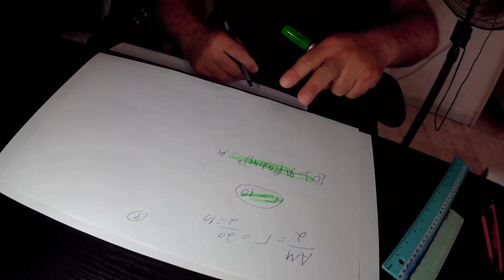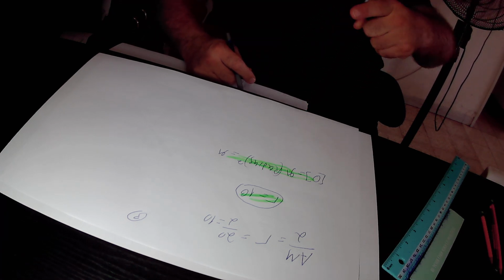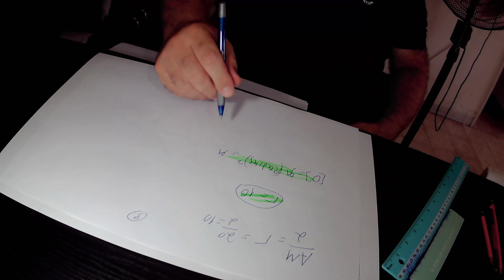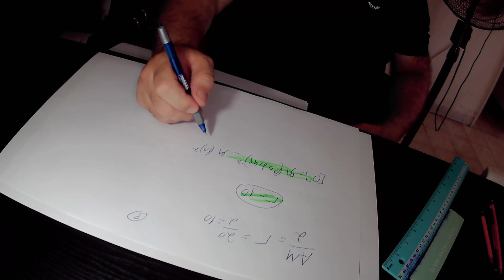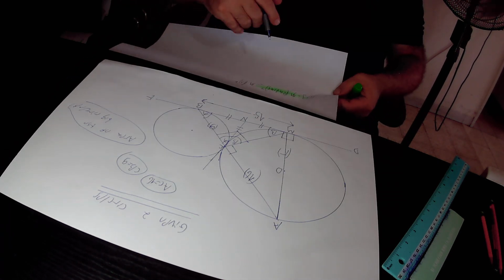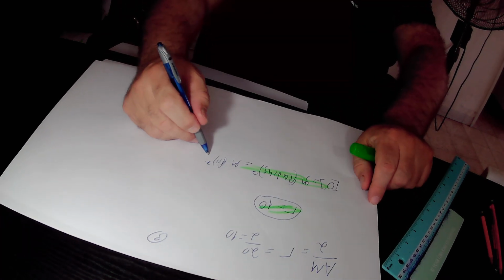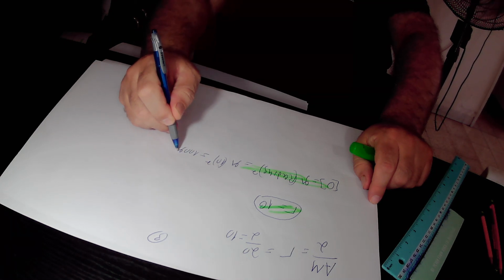We just found out that the radius of the big circle R equals 10, and therefore the radius squared is 10 squared. So the area we are looking for equals pi times 10 squared. 10 squared is 100, so in total this expression equals 100 pi.